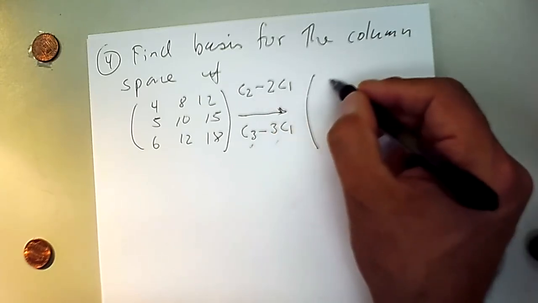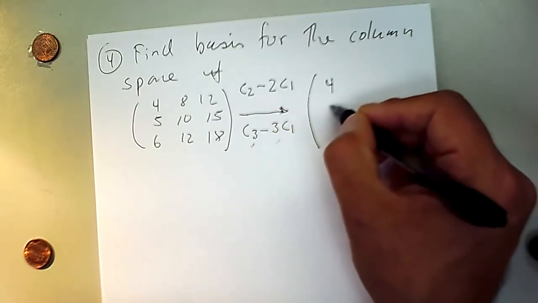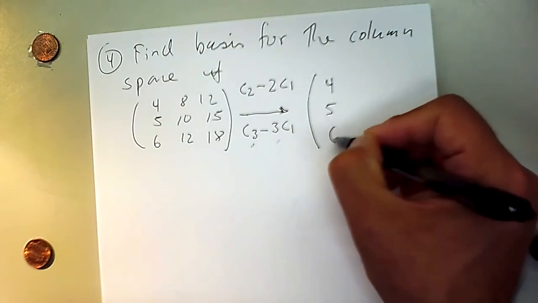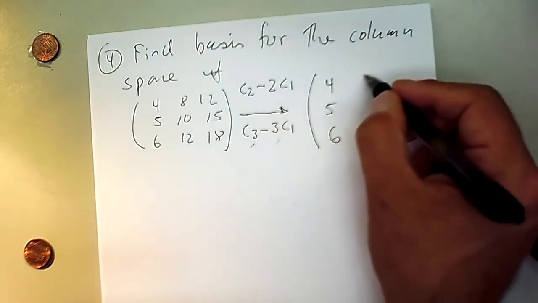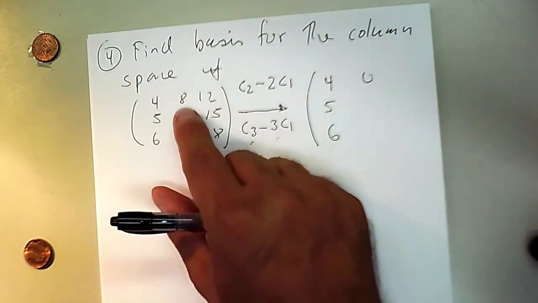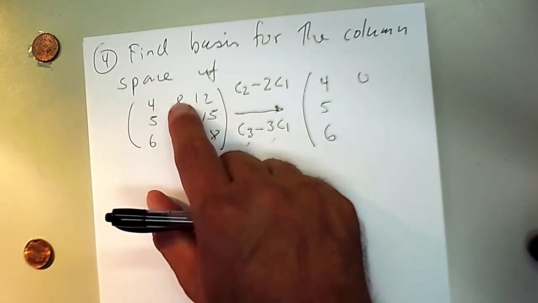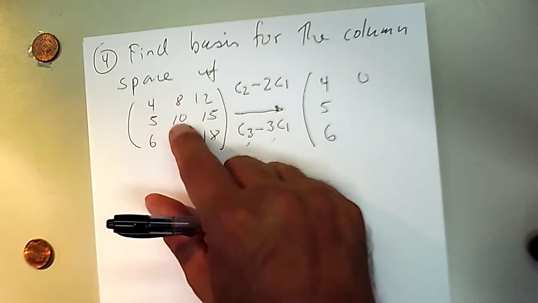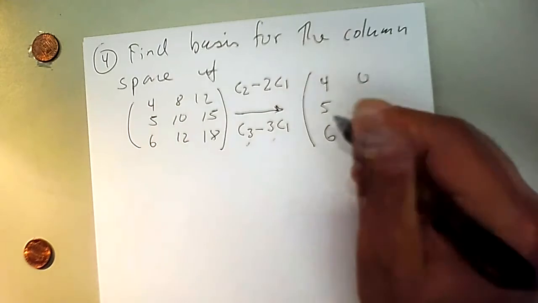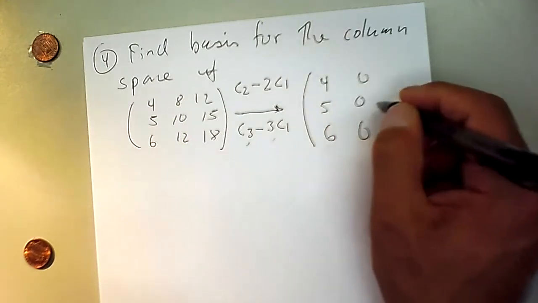So the first column is not changed under this column operation. Take away 2 of those from 8, 2 of those from 10, 2 of those from 12, and we end up with 0, 0, 0.